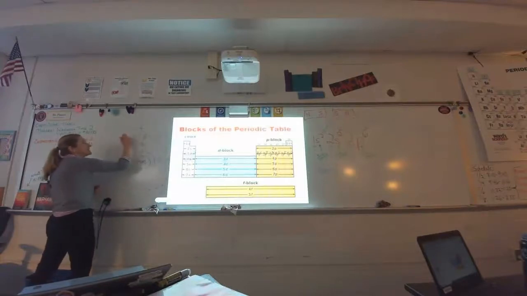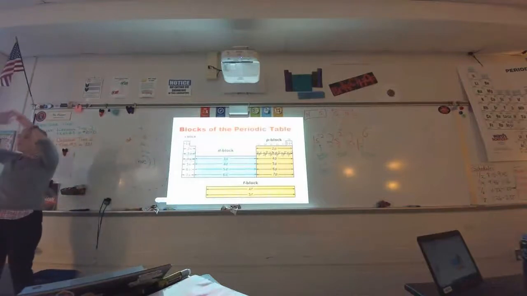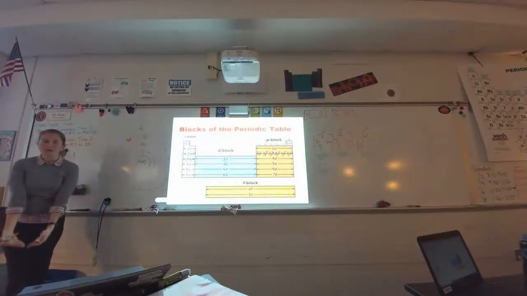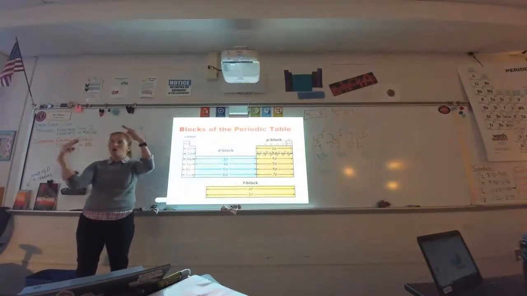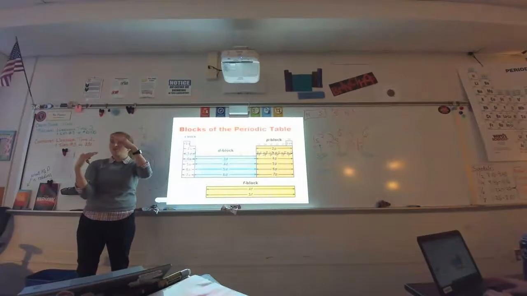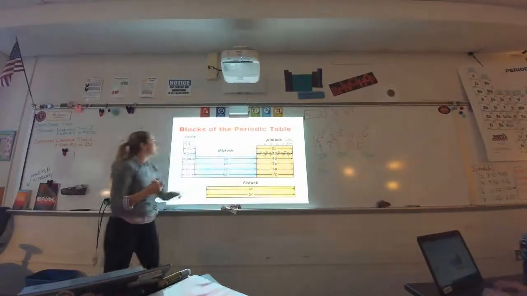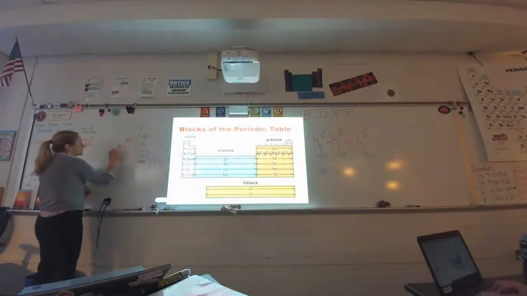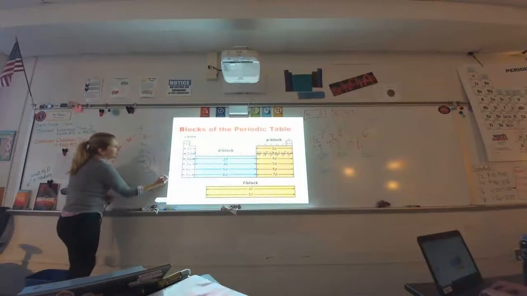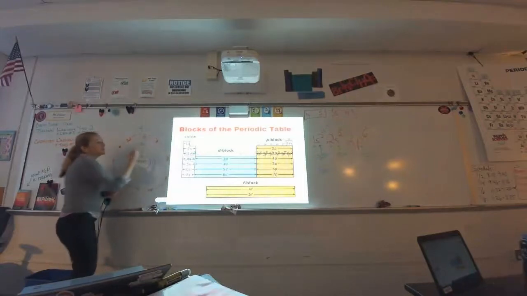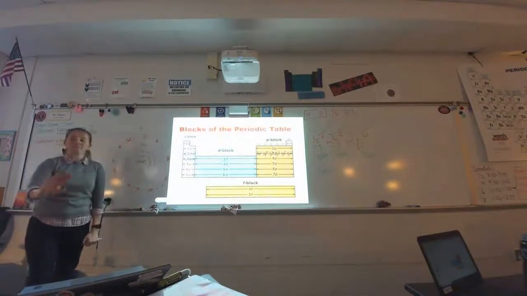And that's why D is after 4. 4 has to happen before D can happen, and they fill underneath 4s. But once D is full, so we add 1, 2, 3, 4, 5, 6, 7, 8, 9, 10 electrons, the third energy level goes, nope.